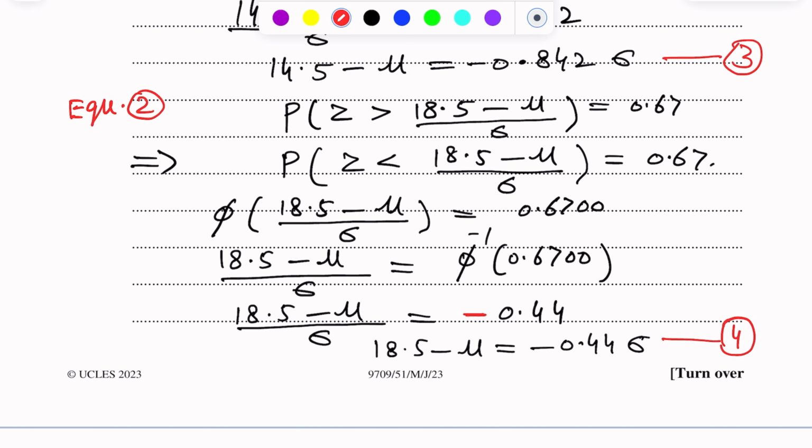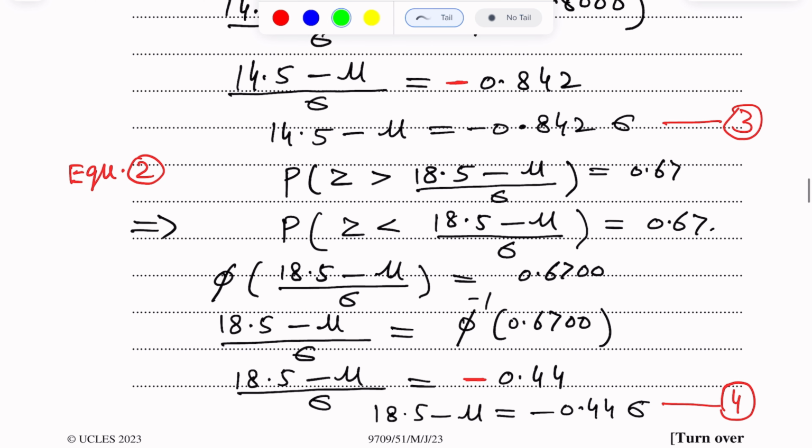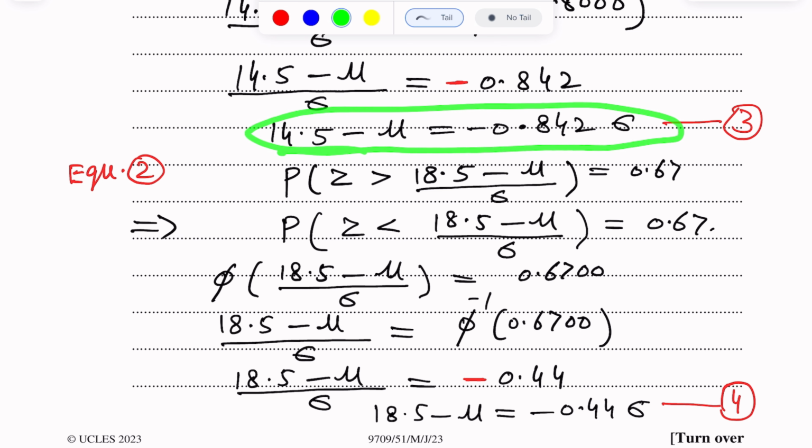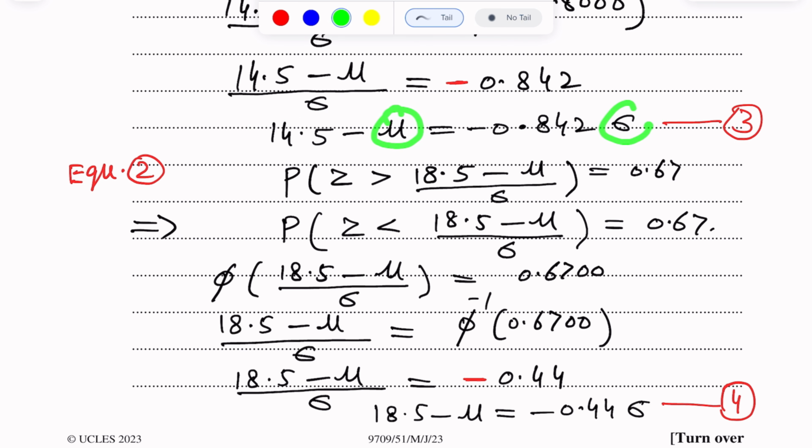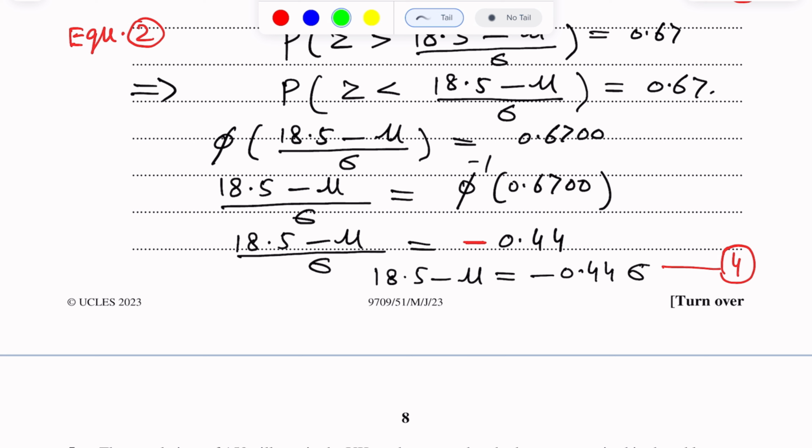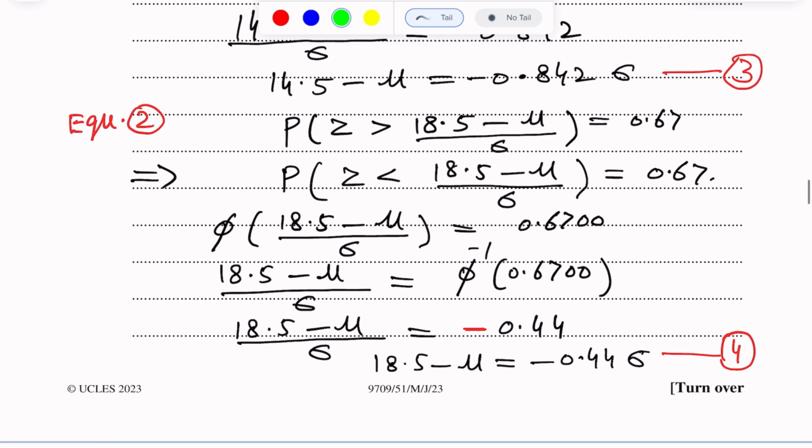Now clearly equation number 3 involves mu and sigma, and equation number 4 also has mu and sigma. We can solve these two equations 3 and 4 simultaneously to get the value of mu.